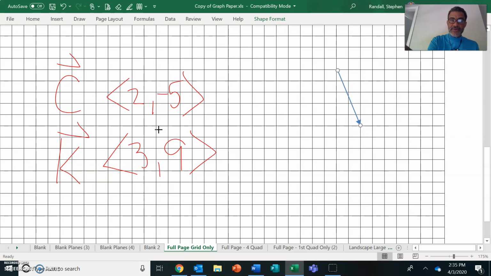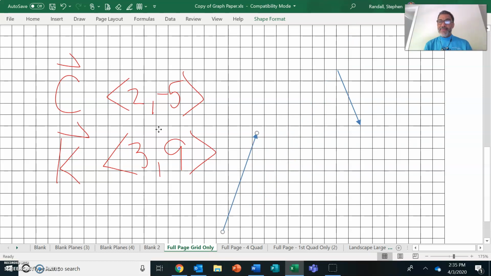That's vector C. And vector K, let's copy it and paste it. Vector K would go over 3, 1, 2, 3, and up 9. 1, 2, 3, 4, 5, 6, 7, 8, 9. Right? So those are our two vectors. That's vector C and vector K.